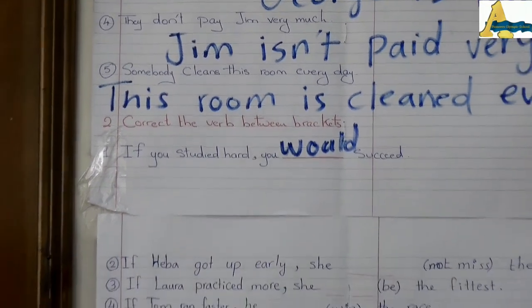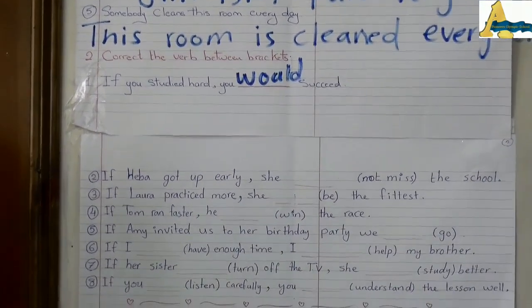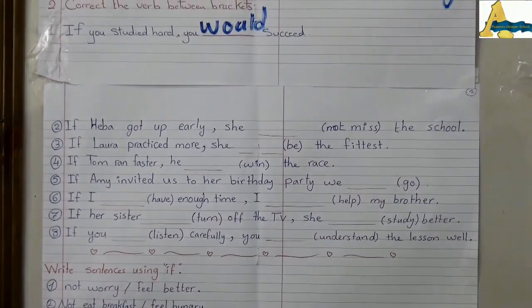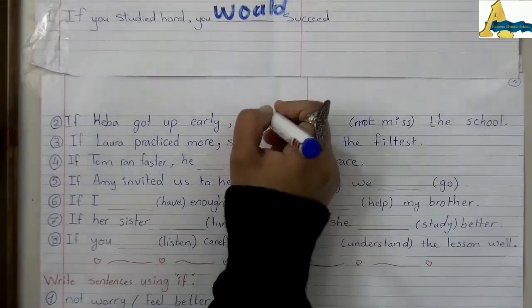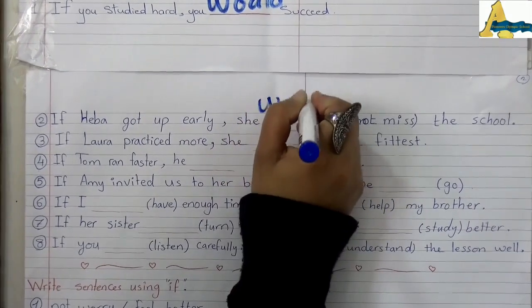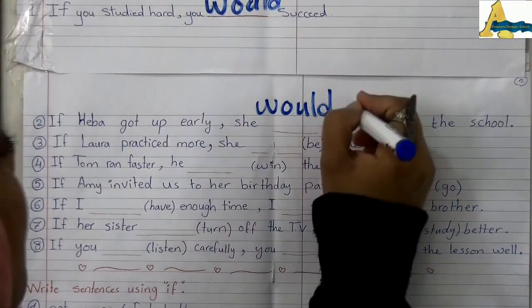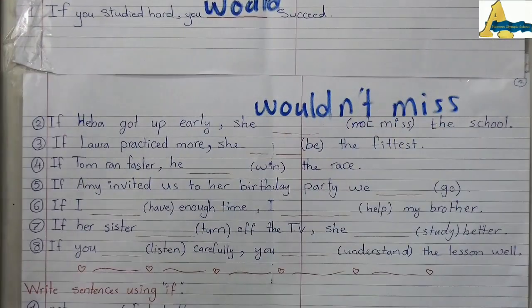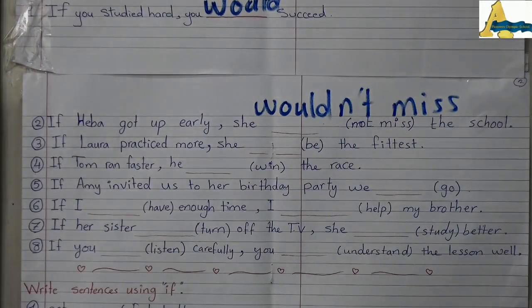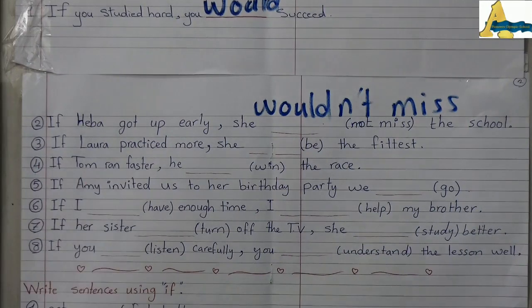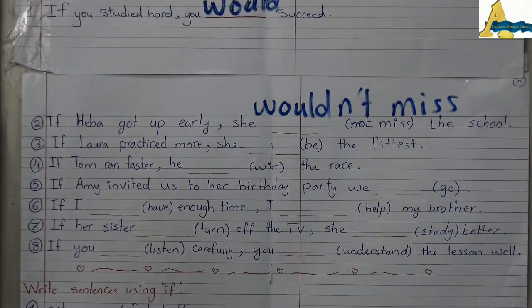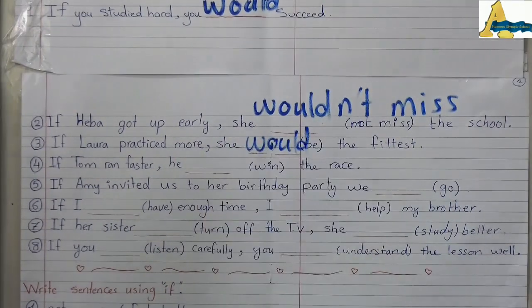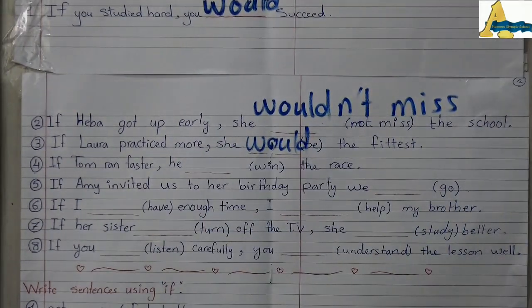Number 2, if Heba got up early, she, here we have not miss the school. So it will be wouldn't miss the school. Next, if Laura practiced more, she would be the fittest.